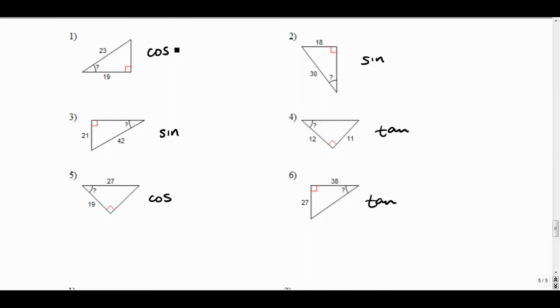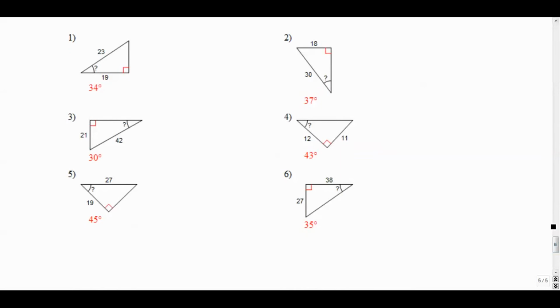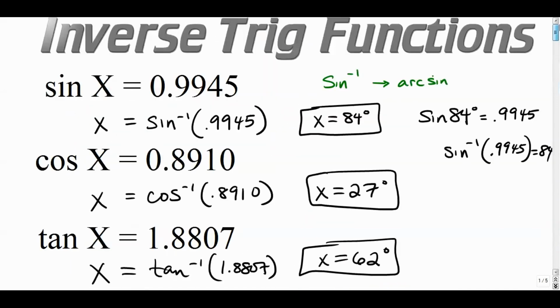The arc cosine, the inverse of all these. Remember, we're going to use inverses anytime we're looking for angles, and the regulars anytime we're looking for sides. Here are your answers. Check them over. Pause it if you need to go through these, but I'm going to wrap this video up.